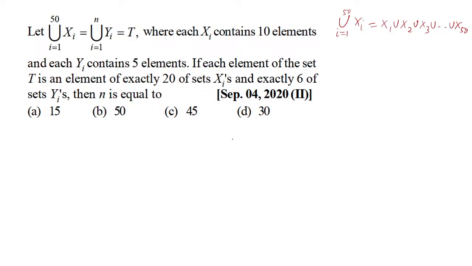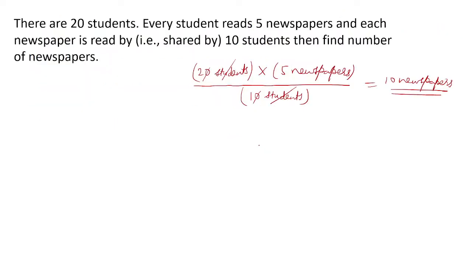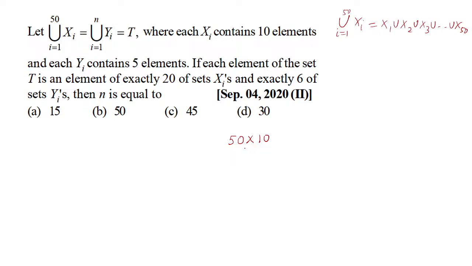So here, pay attention. There are 50 sets xi, that means x1, x2, x3 till x50. Each set contains 10 elements, just as there were 20 students and each student reads 5 newspapers.